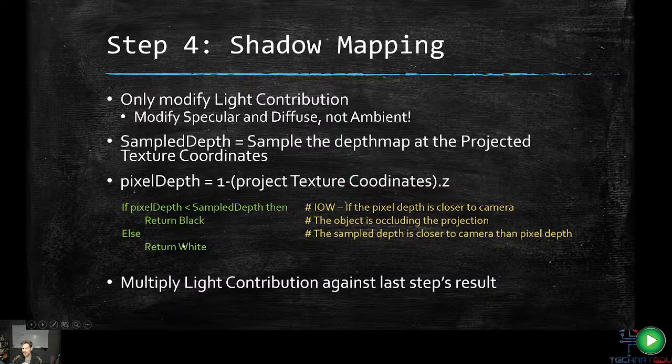Otherwise, we're going to return a value of white. Okay, what does that mean? We're going to take that white or black and multiply it against the light contribution, which is the specular and diffuse value. So that means it's either going to be in shadow or it's going to be out of shadow.